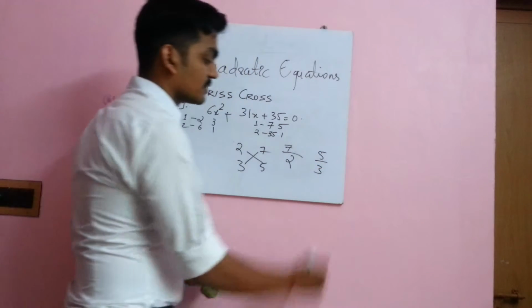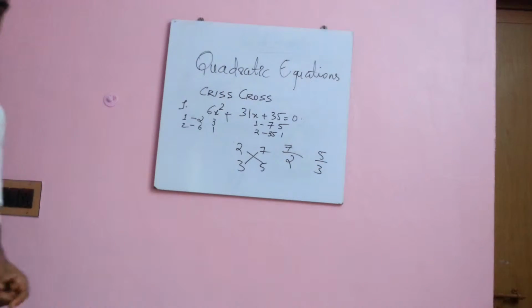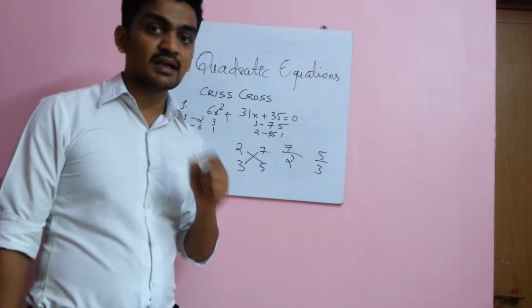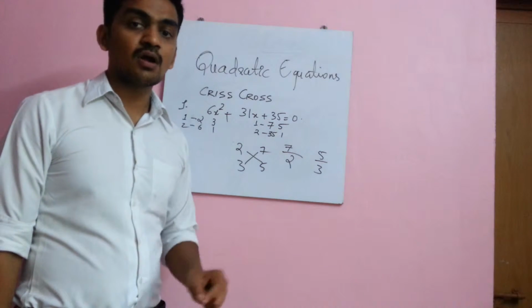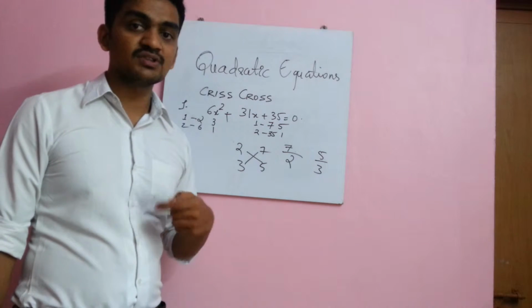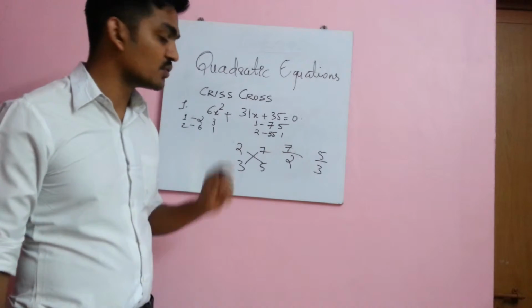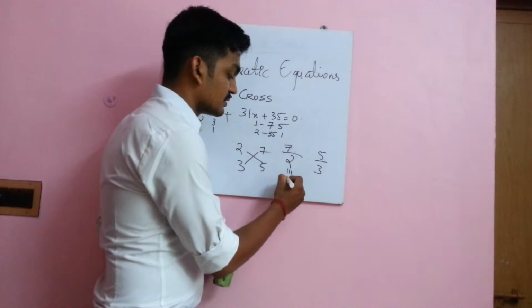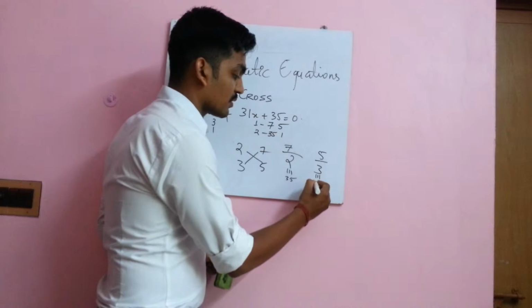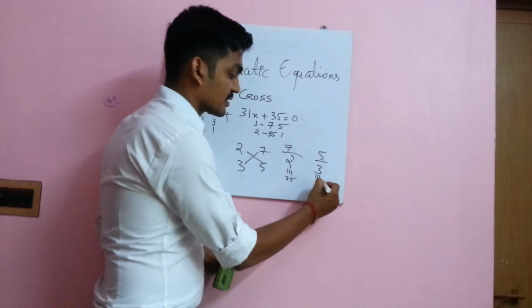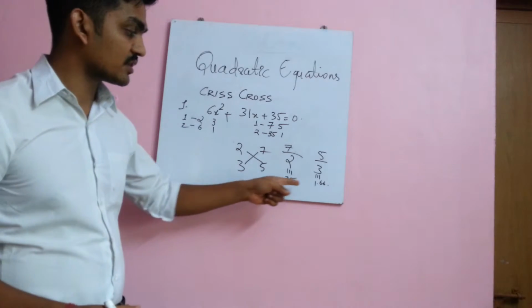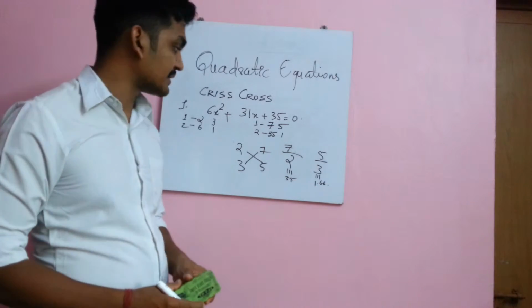These two are the roots, right? Now just be clear, I have told you, you are not considering the sign right now, you are just considering the magnitude. So in this case 7 by 2 will be 3.5, this will be approximately 1.666.